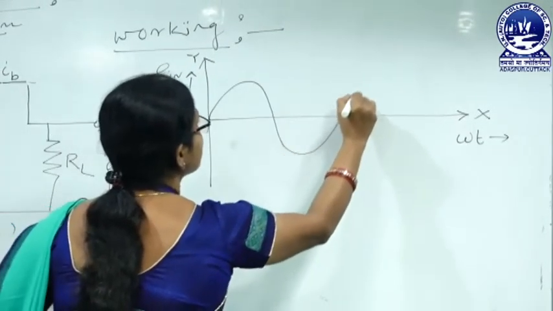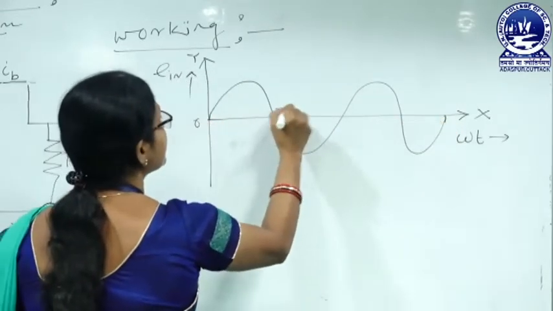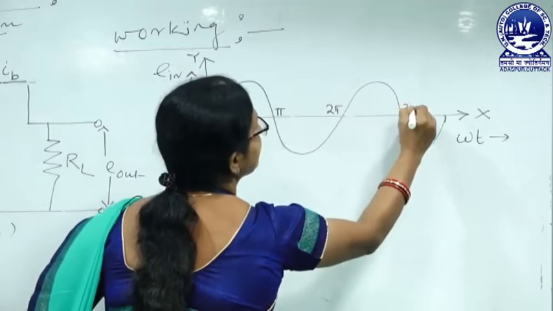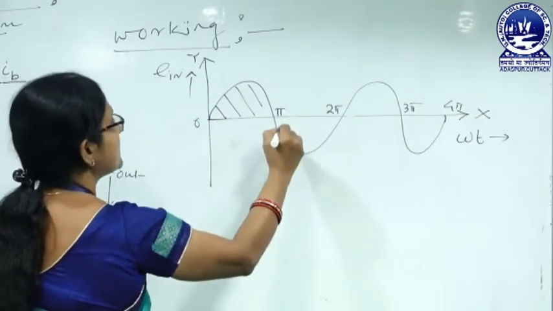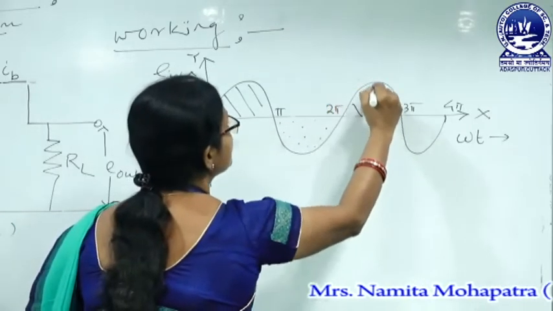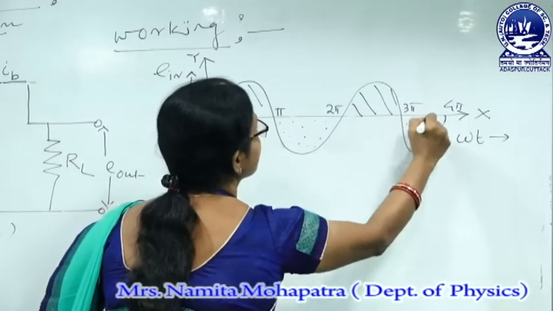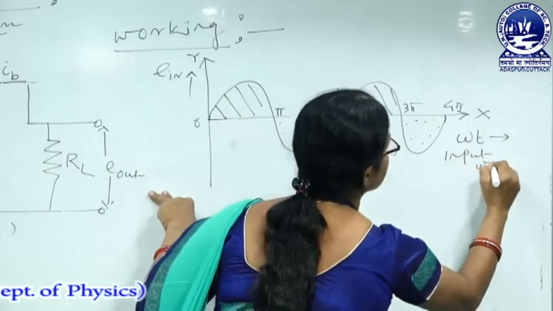This is the AC signal: 0, pi, 2 pi, 3 pi and 4 pi. This is the positive half and this is the negative half. Likewise, this is positive and this is negative. This shows the input waveform.